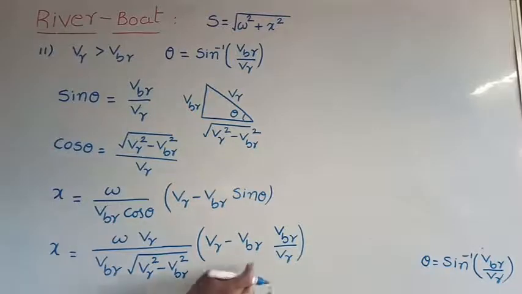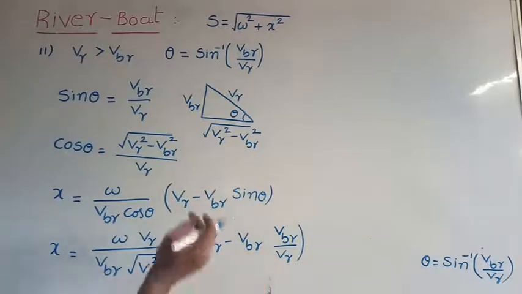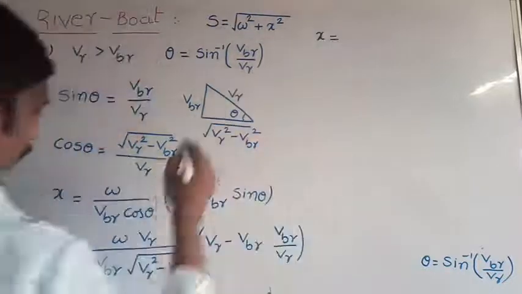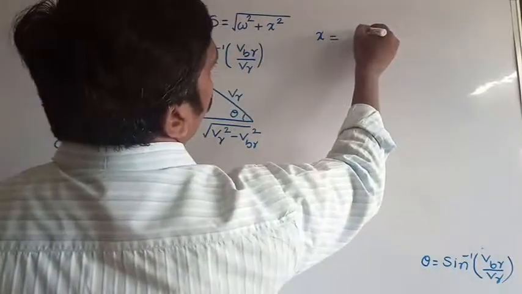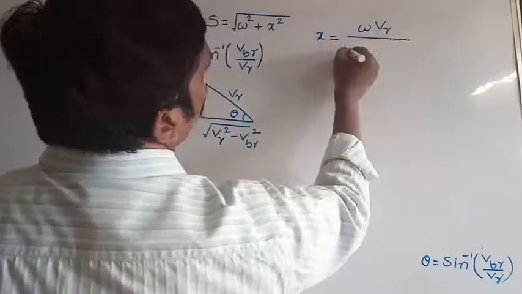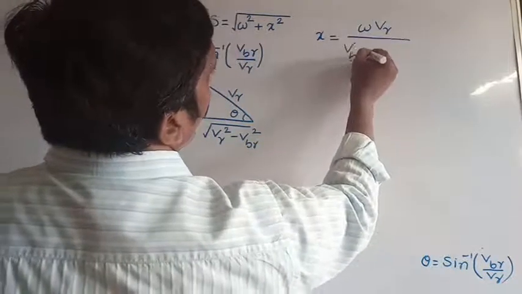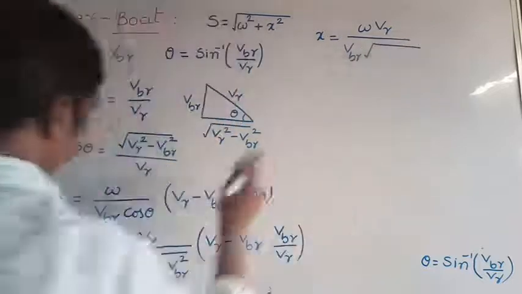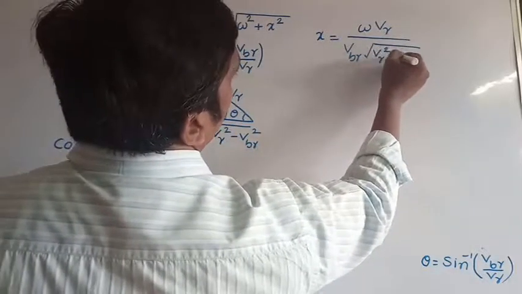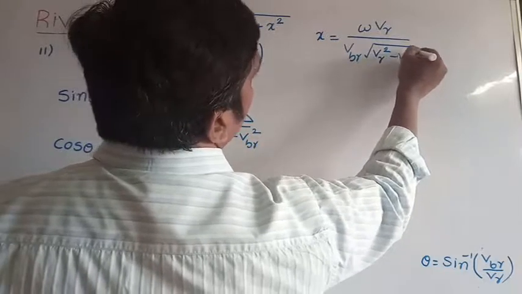Okay? Here you take LCM, VR is LCM, then we will get x is equal to W into VR by VBR into under root of VR square minus VBR square.